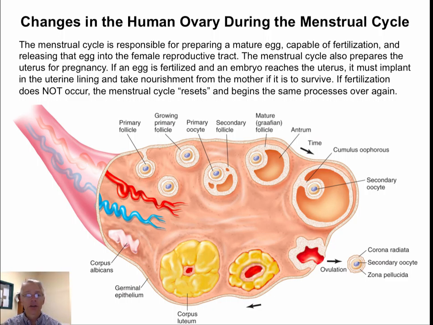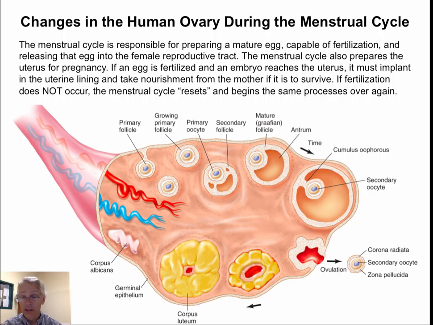So let's start off by looking at the big picture. Why do females have a menstrual cycle? What's the function? What's the purpose of having a menstrual cycle? The purpose is really twofold.